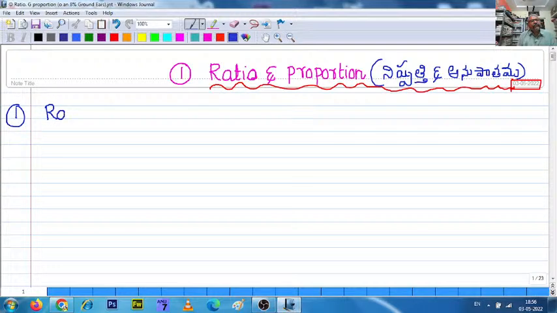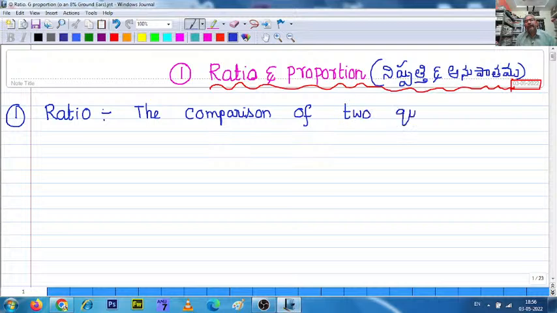So what is the ratio? Ratio is nothing but a comparison of two quantities of the same kind.